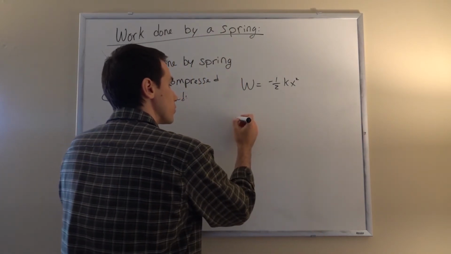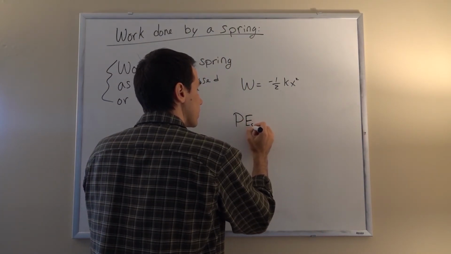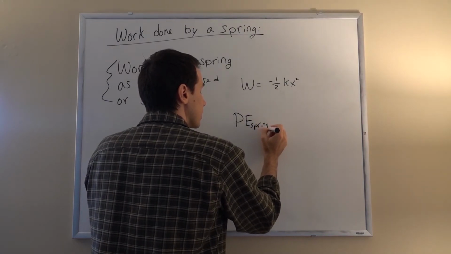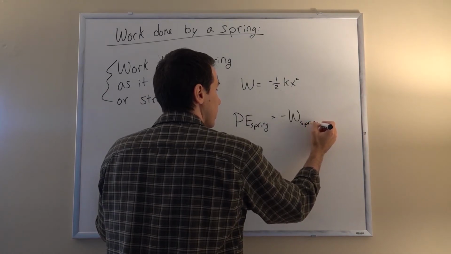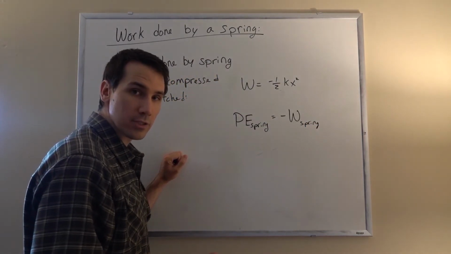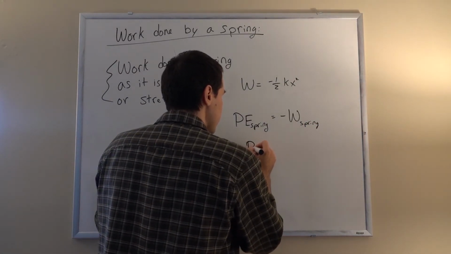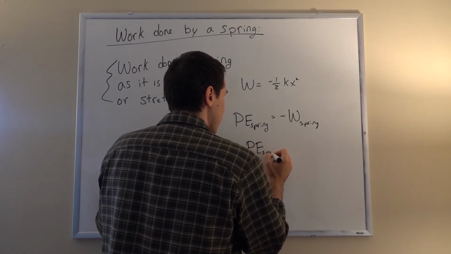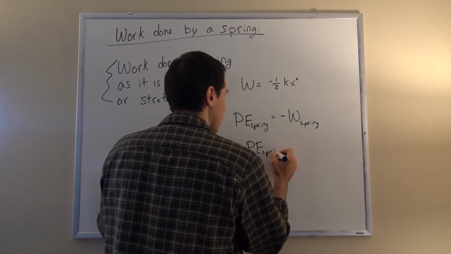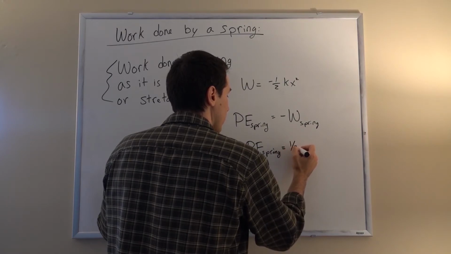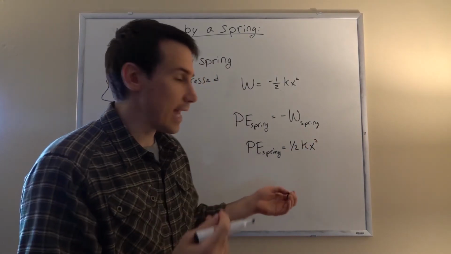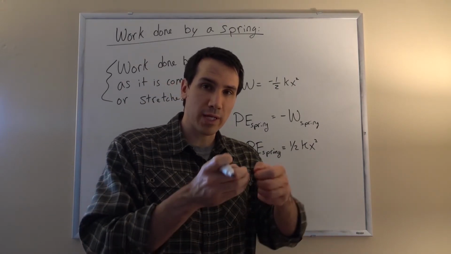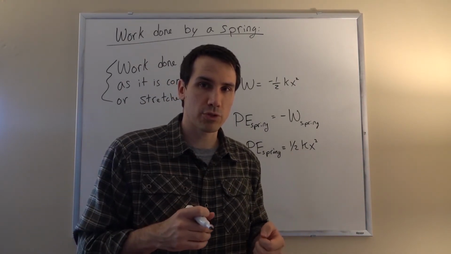The potential energy of a spring is the negative of the work done by the spring as it is compressed or stretched, which means that the potential energy of a spring is 1/2 kx squared, where again, x is the amount that the spring is compressed or stretched.